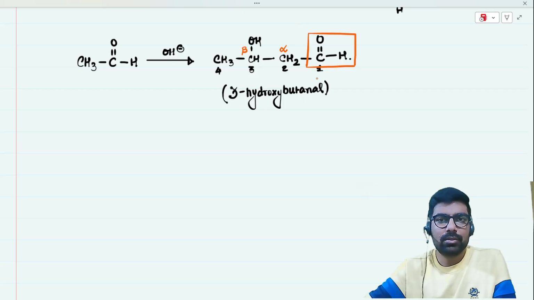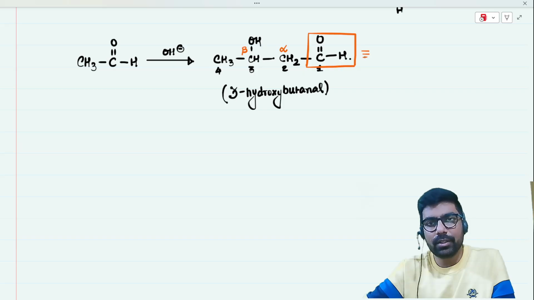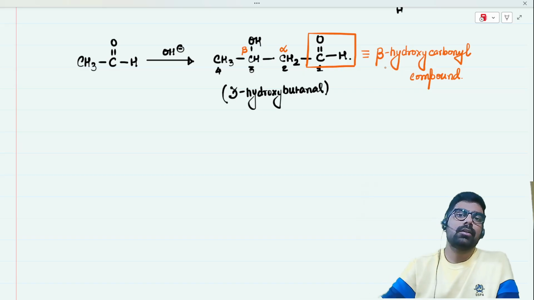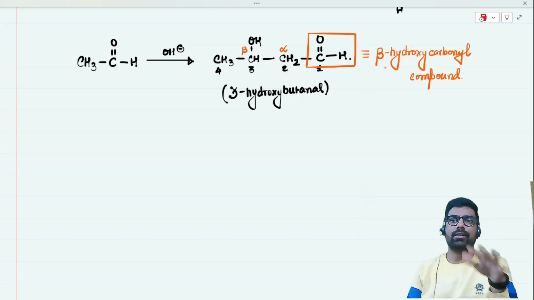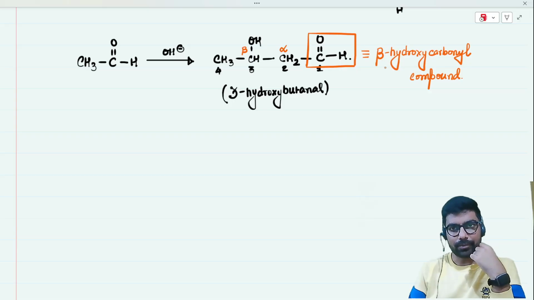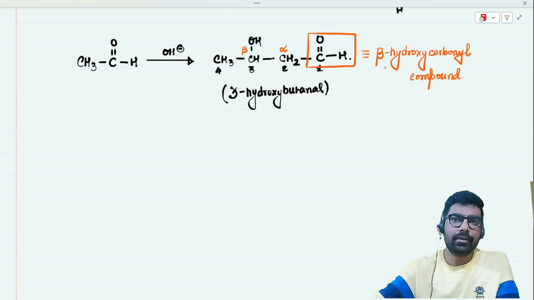So generally, we denote it by beta hydroxy carbonyl compound. Clear? So this molecule, in general term, we call it beta hydroxy carbonyl compound. Clear?